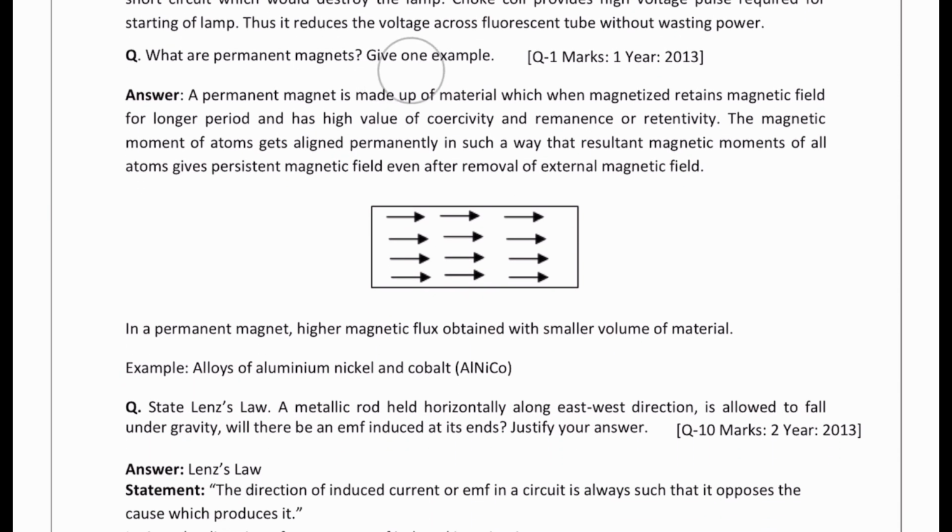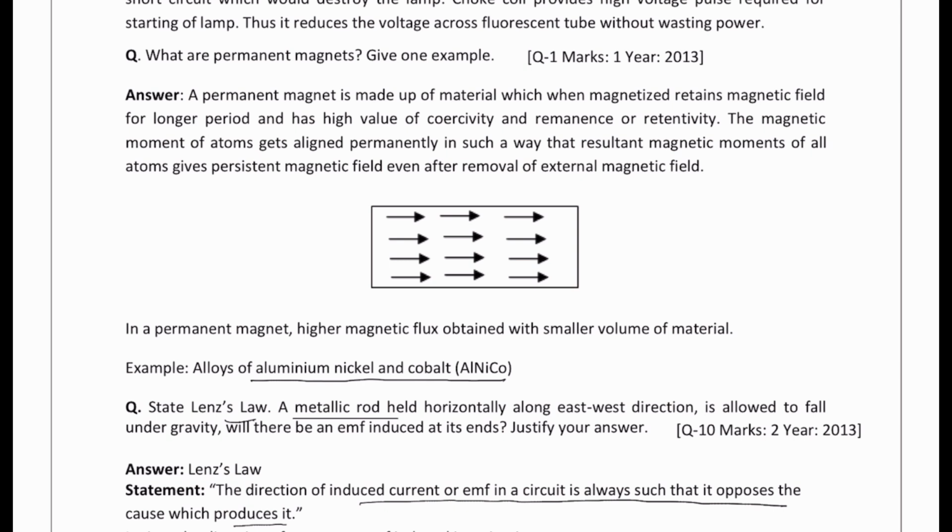So give one example. An example of a permanent magnet is an alloy of aluminium, nickel and cobalt, Alnico. Okay, Lenz's law. What is Lenz's law? Lenz's law says the direction of induced EMF is such that it opposes the very cause due to which it is produced.